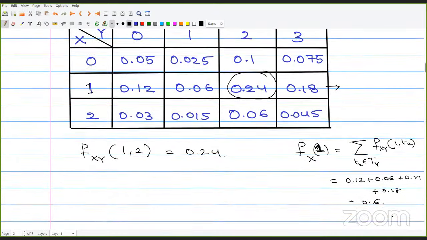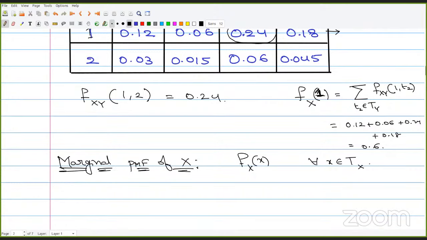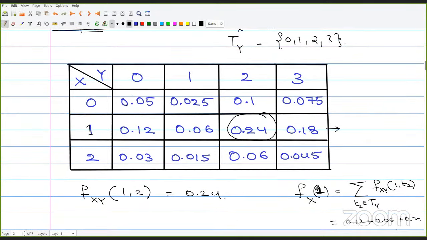So if I ask you to find the marginal PMF of x, what do you have to do? I need fx of x for all x belonging to Tx. In this case you can find all the marginals. You just add all the elements in the first row, then the second row and the third row.